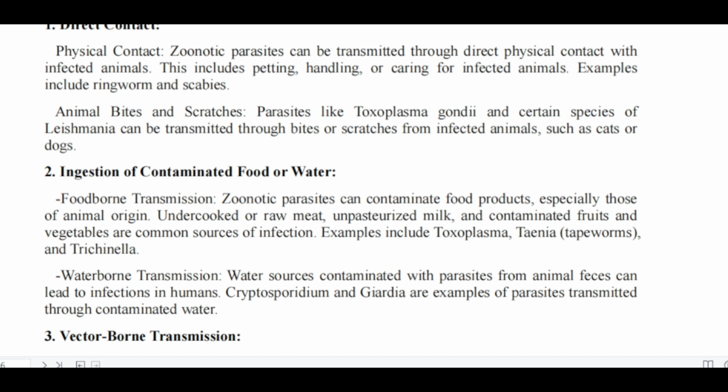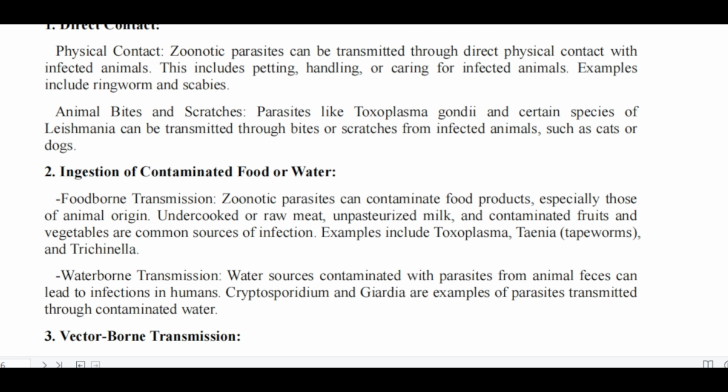All can be contaminated, and even prepared food can also be contaminated, maybe through the process by which it is produced. Some are undercooked, some are cooked properly, but maybe kept open and then got contaminated by air or some other insects. So all this can lead to foodborne transmission.